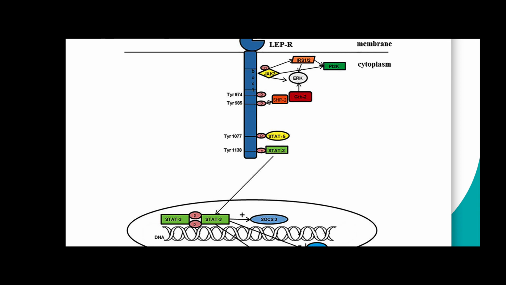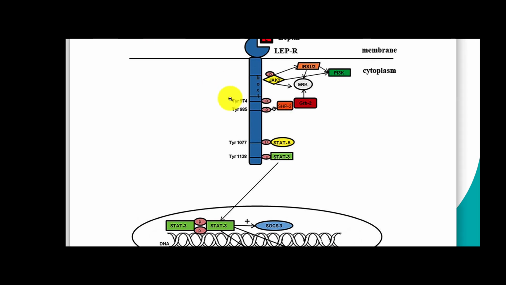And you can say, okay, well, when we get leptin resistance, let's just say that the tyrosine molecule 985, so that means it's the 985th amino acid in this protein, and it's a tyrosine. Let's say the tyrosine is not phosphorylating. You see that P there? That means that it's becoming active.